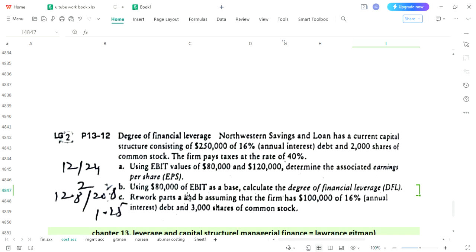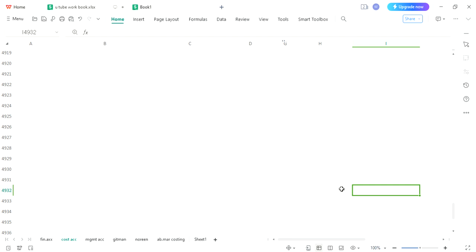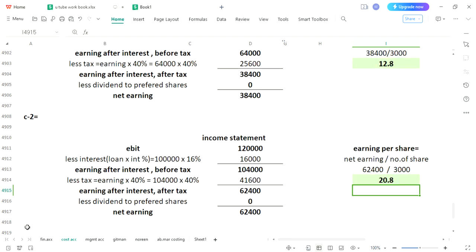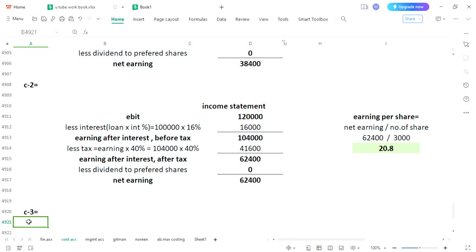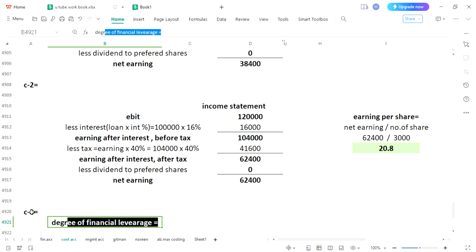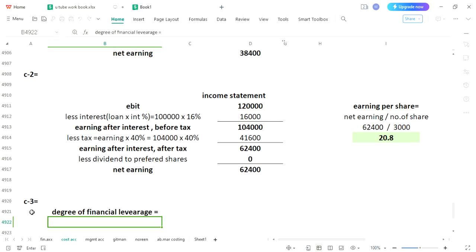Using 80,000 EBIT as base, calculate the degree of financial leverage. So in the C third part, we need to calculate the degree of financial leverage, which would be calculated by taking the percentage change in EPS.